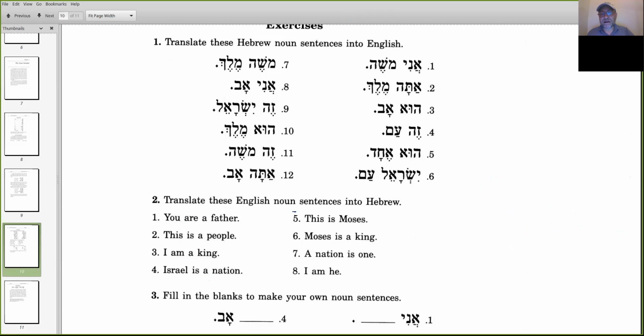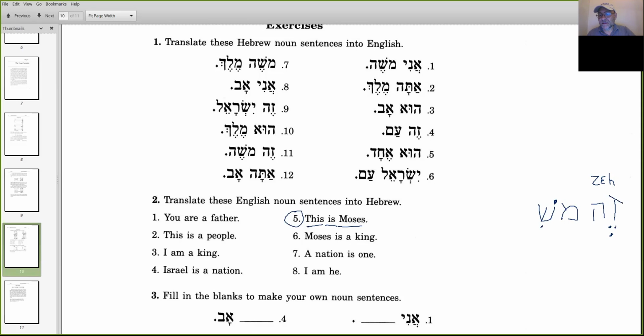Okay, so now we are on number 5. This is Moses. So we know the word for this is zeh. So we use a zayin, and we put a segol under there to get that sound, zeh. And then we need the proper name for Moses, which starts out with a mem and a combination of the superlinear dot and the holem on the shin.